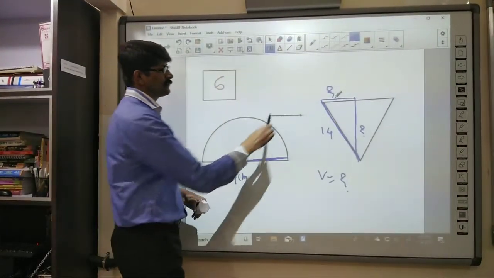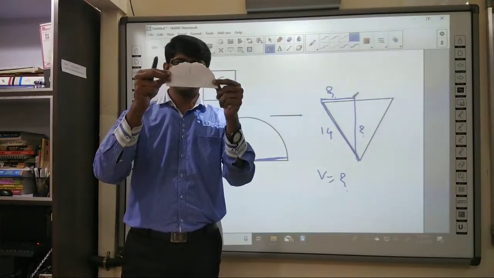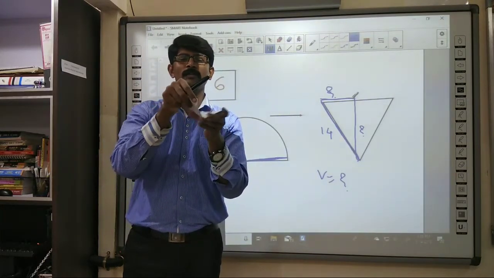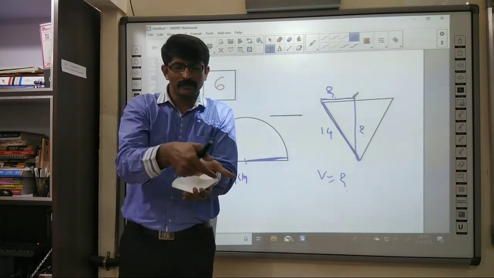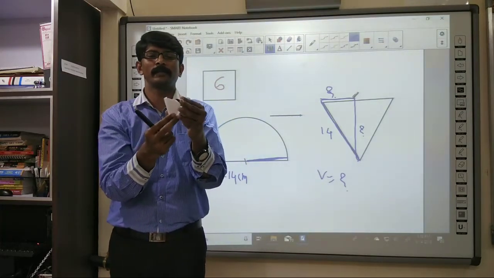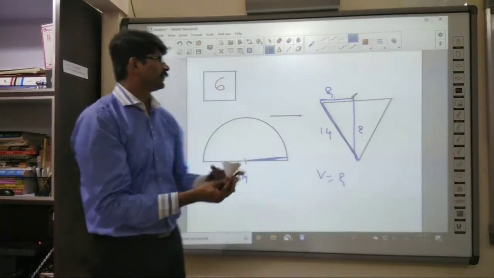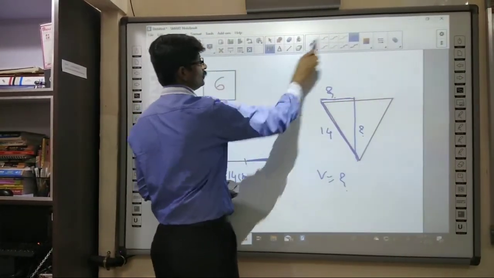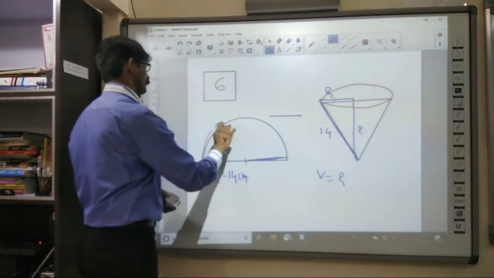So how are we going to get this radius over here? See, understand now. Again, I'm showing some demo here. This was a semicircular shape. We are bending it into a cone, and when we bend it into the cone, we get something like this, isn't it? Did you notice this semicircular region over here? When we bend like this way, it forms a conical curve. It forms a circle, isn't it? That means the circumference over here, I'll use another pen, is nothing but this semicircular boundary.